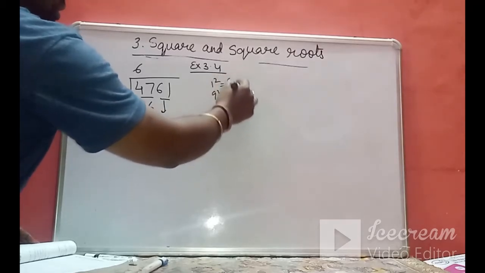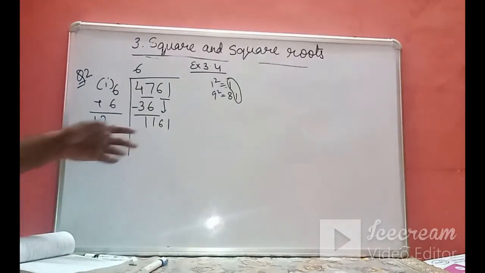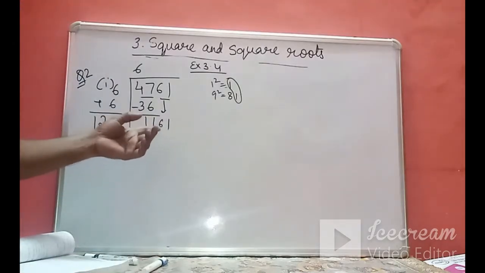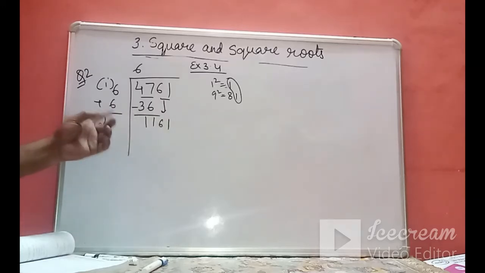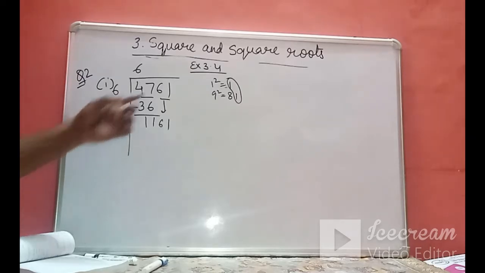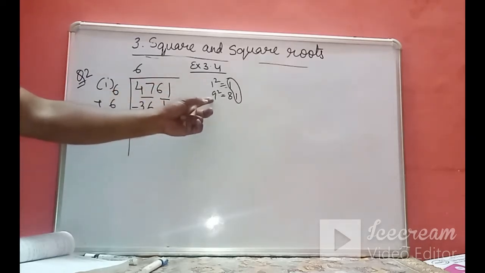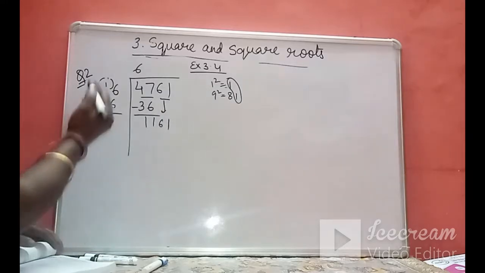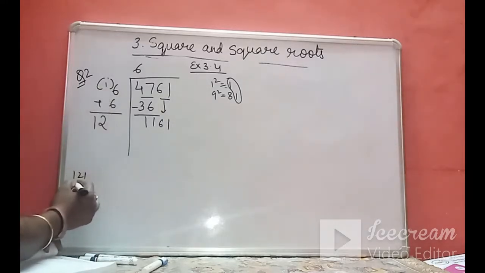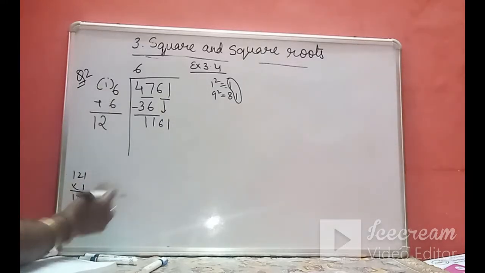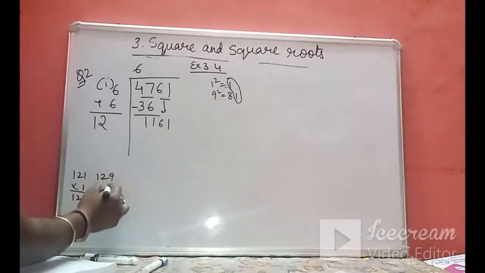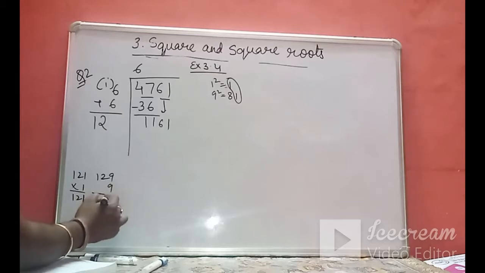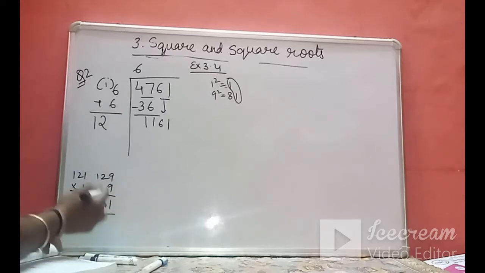So if a number is a perfect square, and its last digit we can see, so we can estimate the digit here, which digit we can put. So either I can put 1 here or I can check for 9 straight away. Suppose if I put 1, so 1 into 1 into 1, it is 121, very small. Then I will check for 9, okay. 8, 6, 11. See, I got straight away.